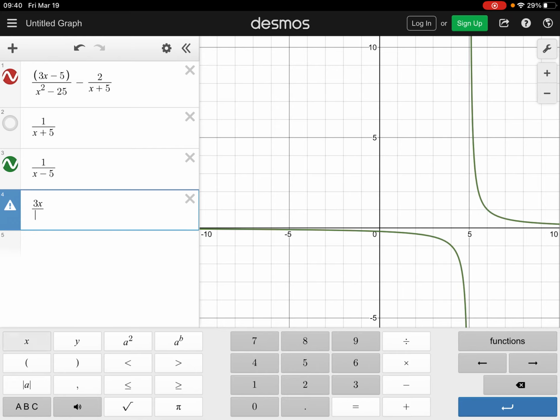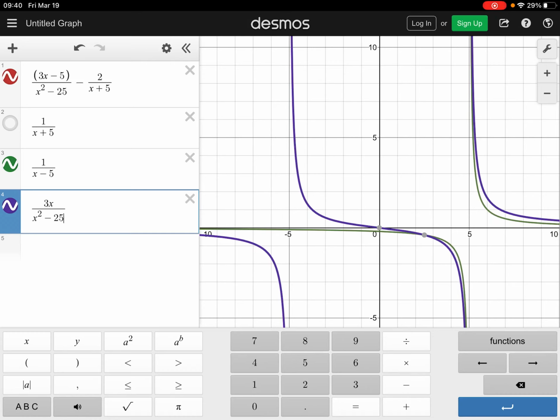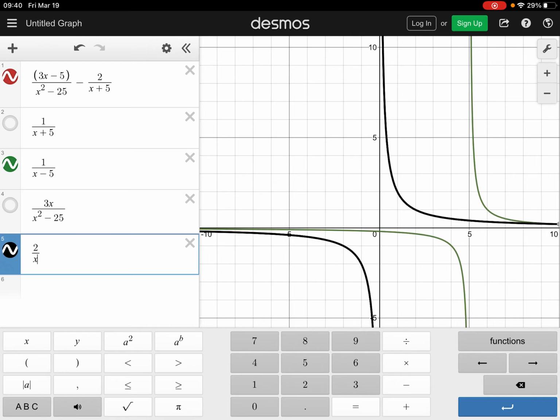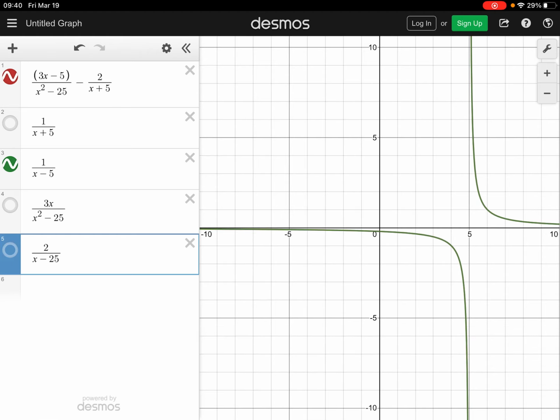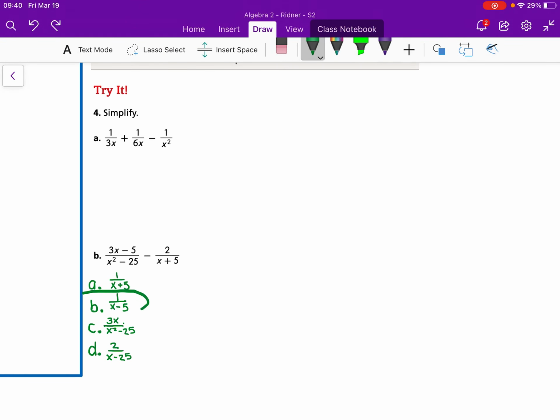If I'm being extra careful, I try all of the answer choices. Oh, nope, that one does not cover up the original graph, and neither does that one. So it has to be the one that matches. In this case, 1 over x minus 5 would be my answer. Okay, and so for your target today, the majority of it is multiple choice, so you should be good to go.